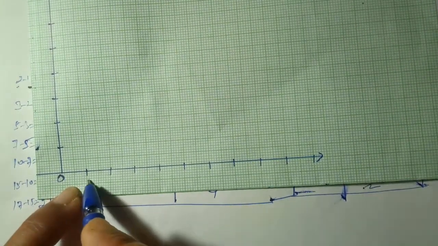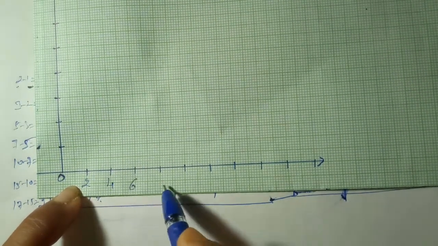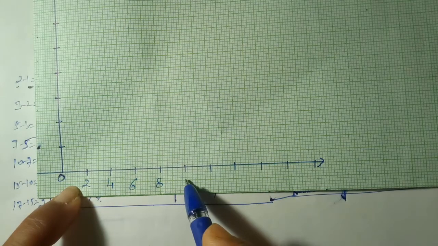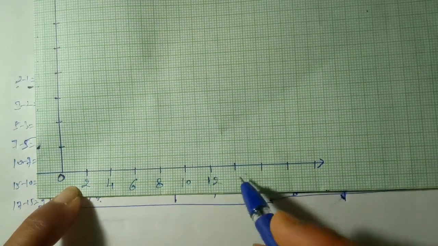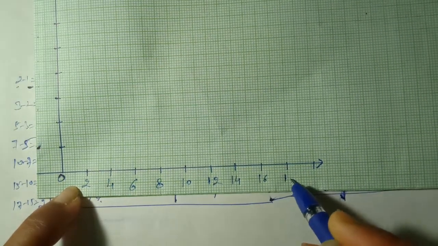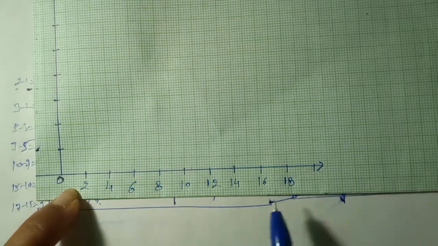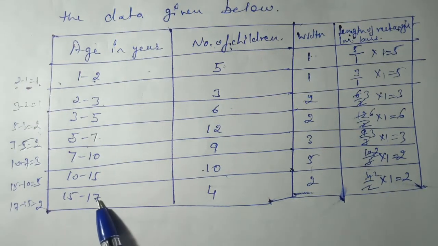So here I am marking the number 2, then 4, then 6, then 8, then 10, then 12, 14, 16 and 18. Till 18 we are taking because the largest number we have is 17.